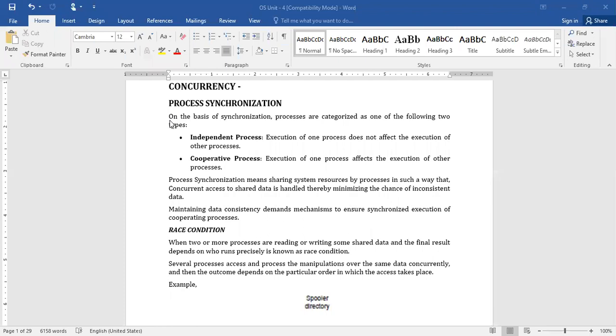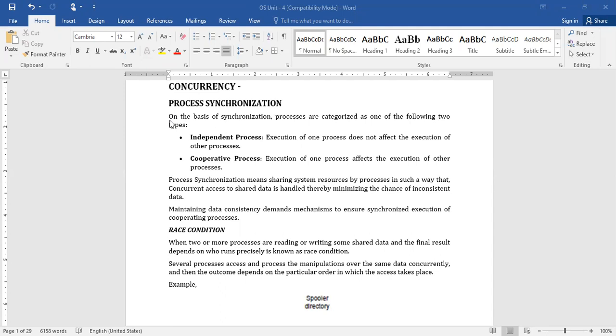Now coming to the race condition. It is one of the problems that occurs because of concurrent access. Concurrent access means accessing the same resource by more than one process at a time. How do we handle it? What happens if you are not handling it properly?